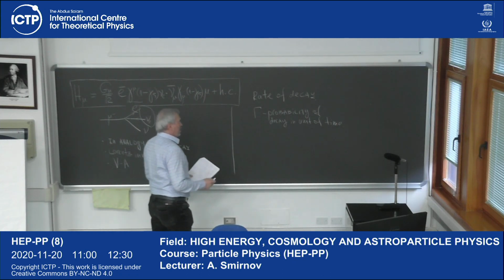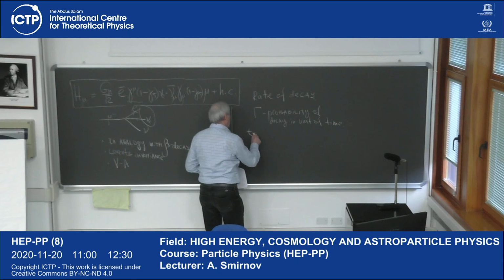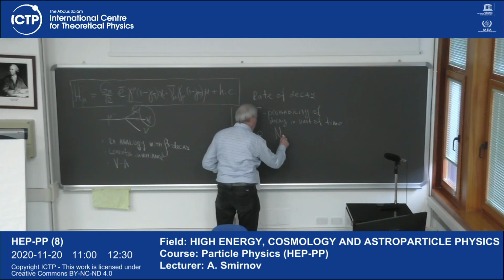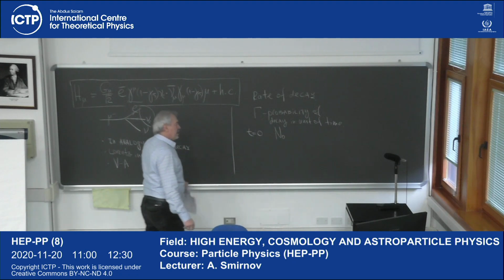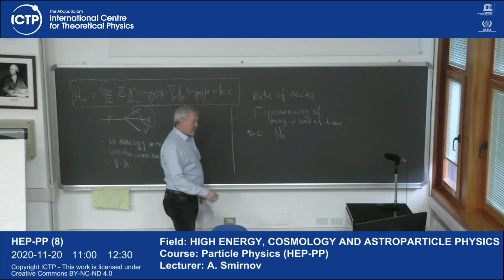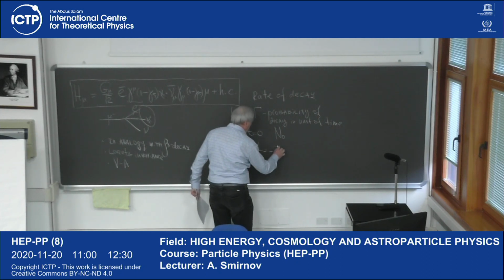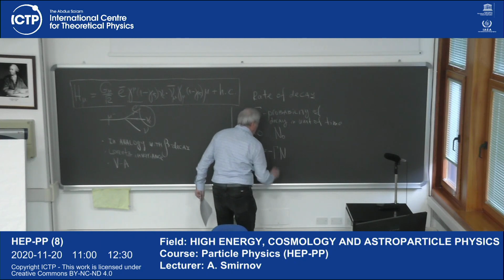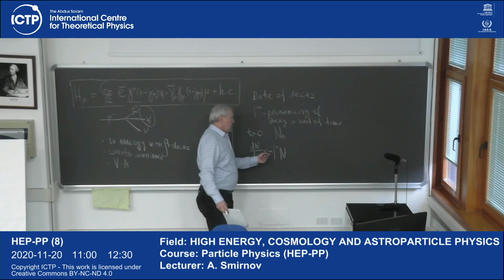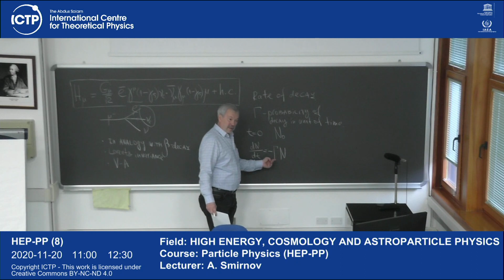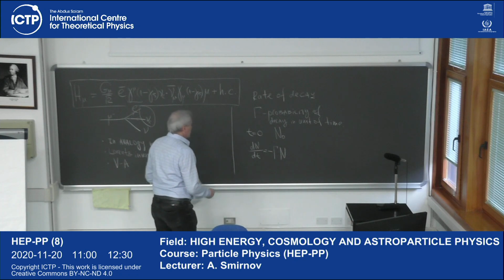If we have a system of particles, and at the initial moment t equals 0 there are n0 particles, then the change in the number of particles due to decay is described by dN/dt equals minus gamma N. The minus sign shows that there is a decrease of particles, and this decrease is proportional to the rate of decay multiplied by the number of particles.